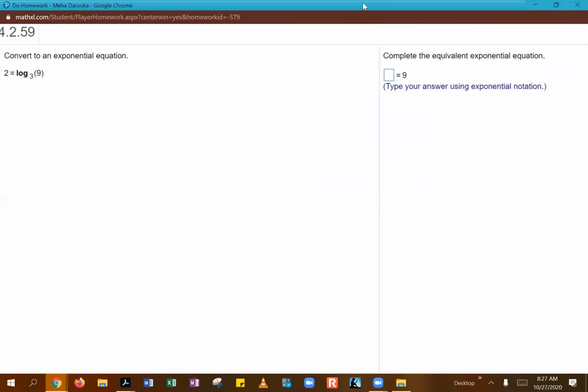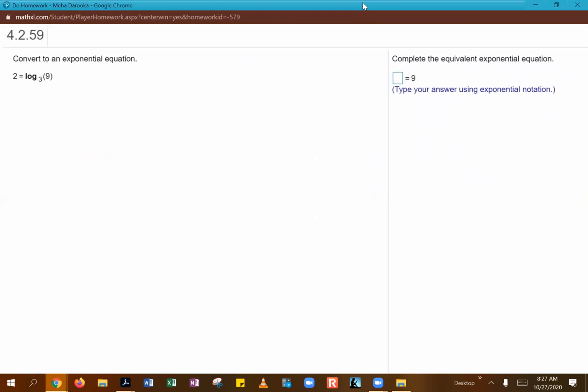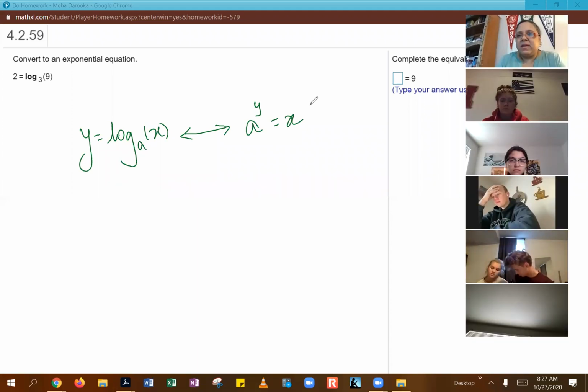This example here is honestly just asking you to rewrite this in the exponential notation. So remember, you're using that conversion from the logarithmic equation to the exponential equation. So what do you think this guy will come out to be when you rewrite it in the exponential equation?